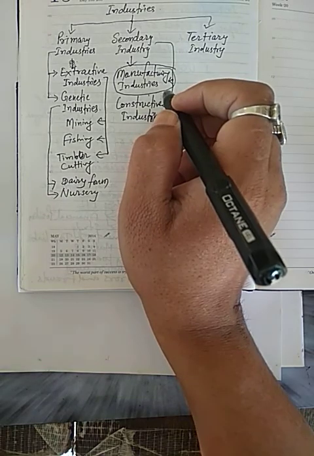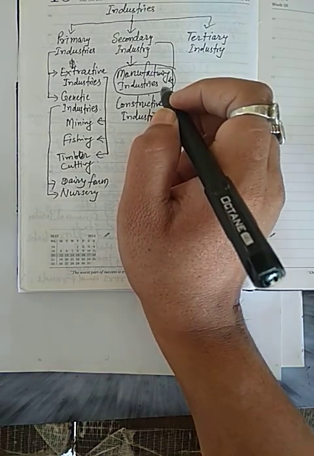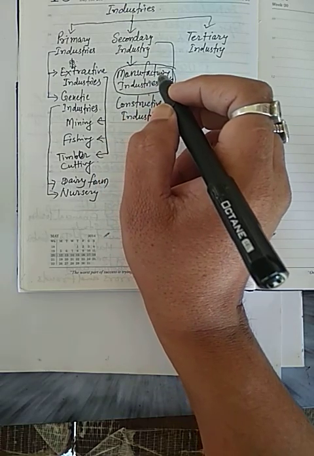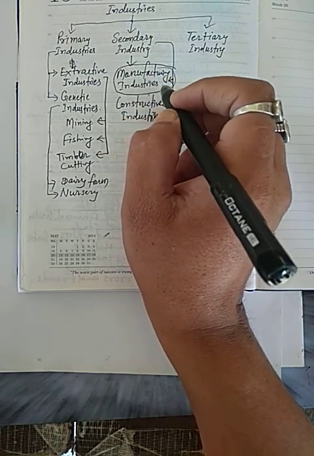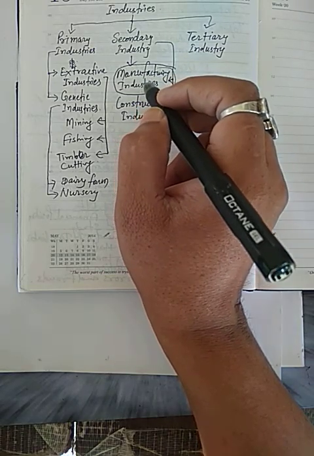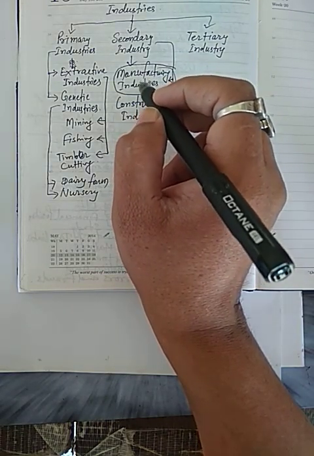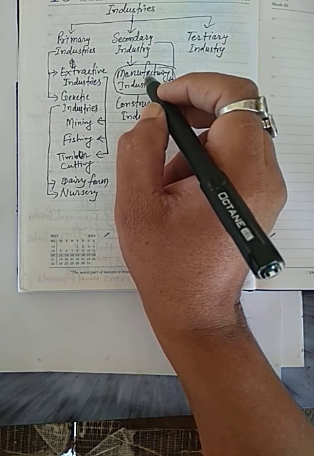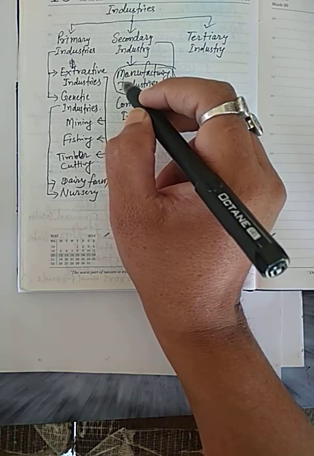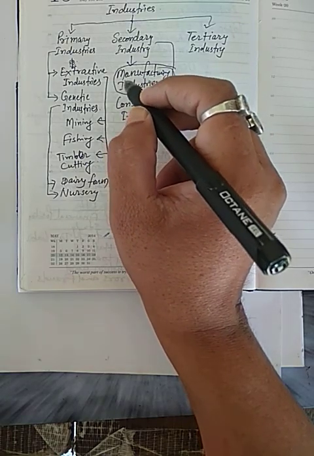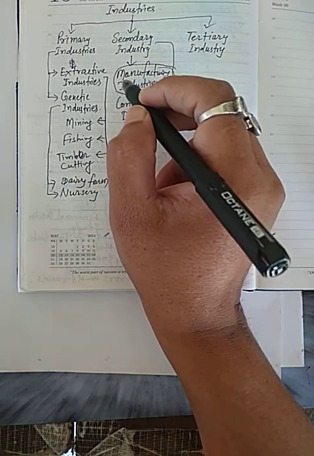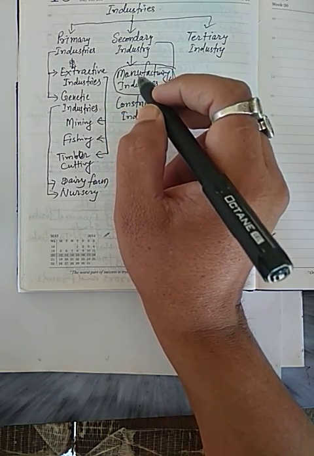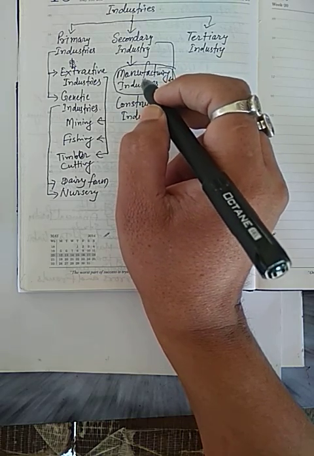These industries are engaged in the process of conversion of raw material or semi-finished goods into finished goods. These industries create transform utility by changing the form of raw material into finished products. For example, timber is converted into furniture.